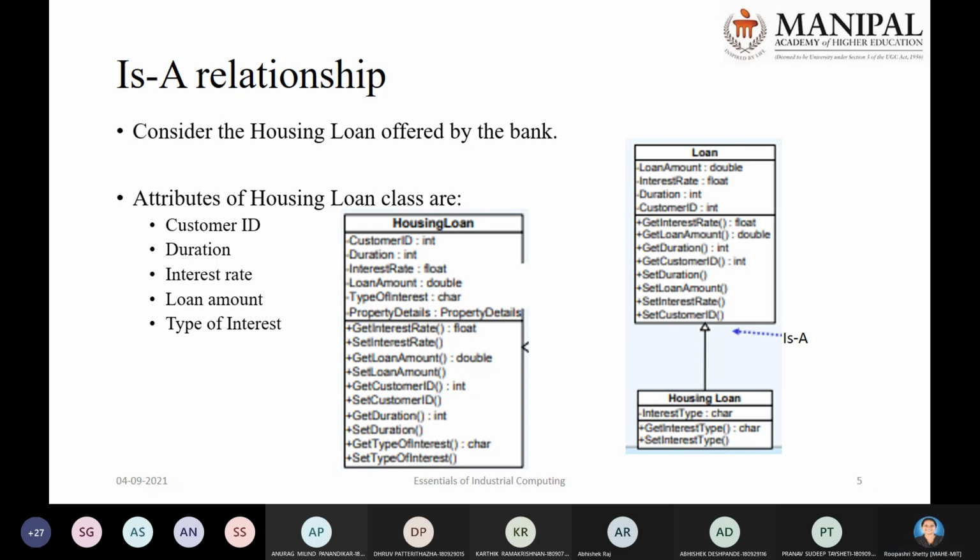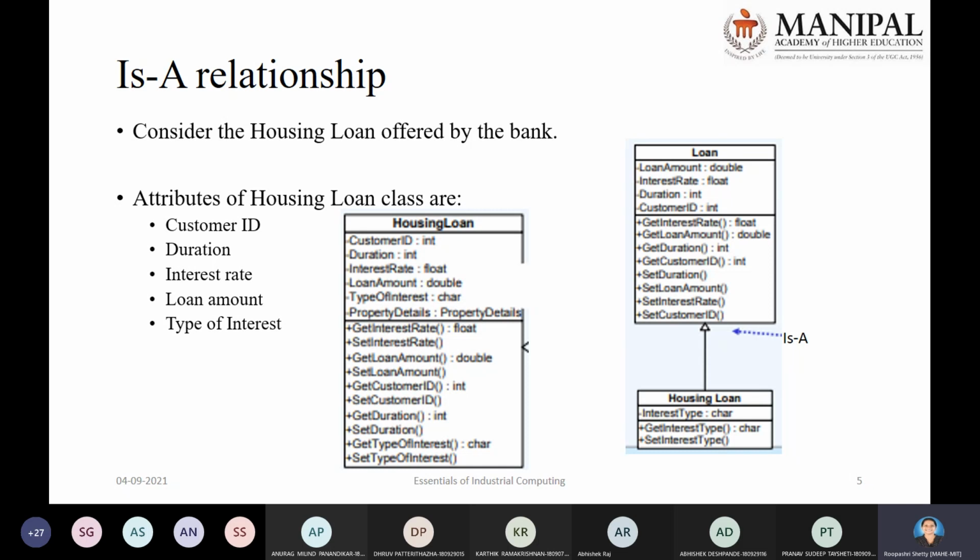Now, they are associated when you say that there is an is-a relationship. Housing loan is a loan. Loan will have customer ID, duration, interest rate and loan amount. But in general, a loan will not have type of interest.